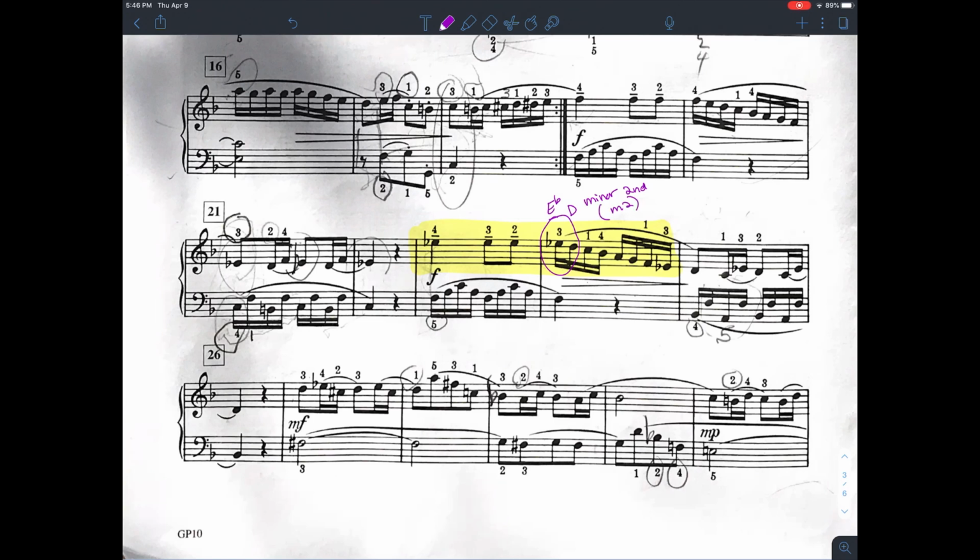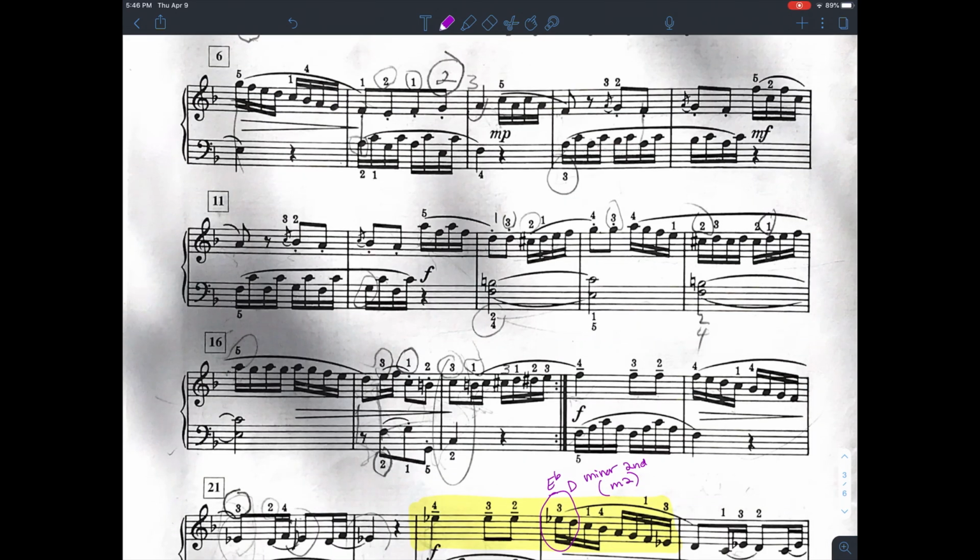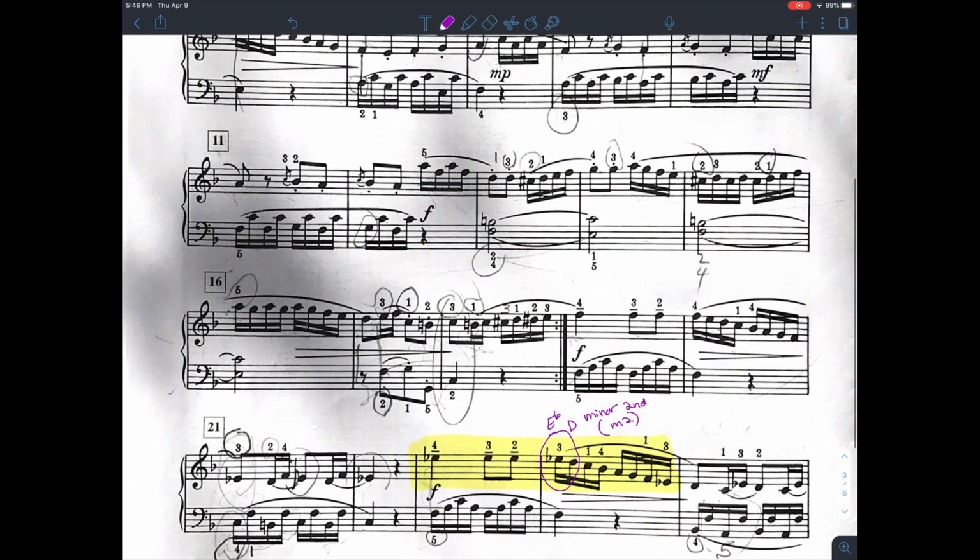So you see how these are different notes, but they're the same interval. They're both minor seconds, even though they start on different notes. They're minor seconds, again, because they are only one half step apart.